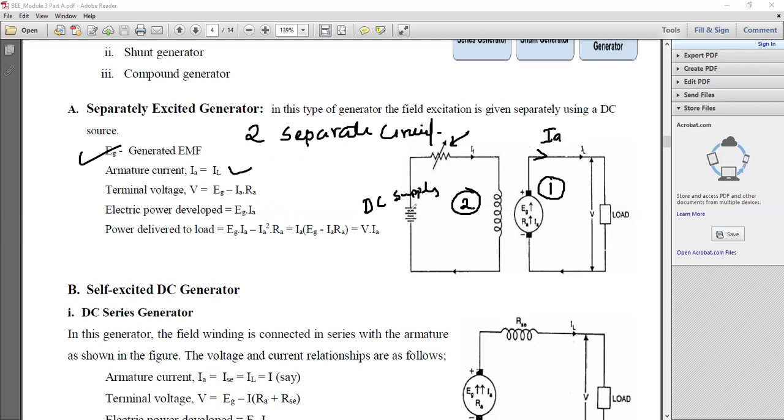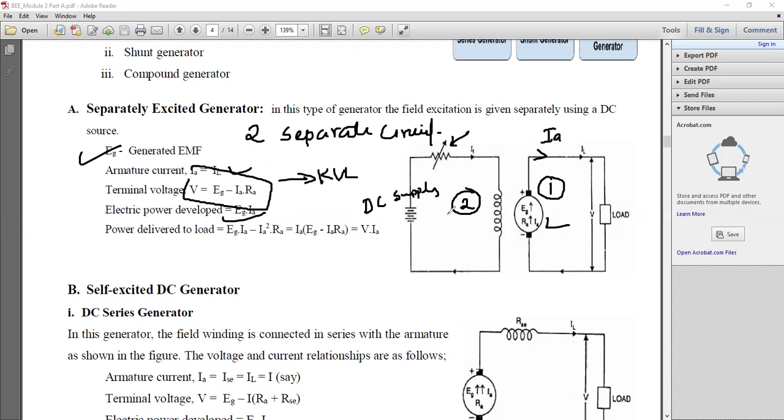So we can write the terminal voltage. V is the terminal voltage. Terminal voltage can be written as EG minus IA into RA. If you apply KVL, you will come to know this. This is applicable after applying the KVL. The electric power developed at the armature is EG into IA. This is your electric power developed.